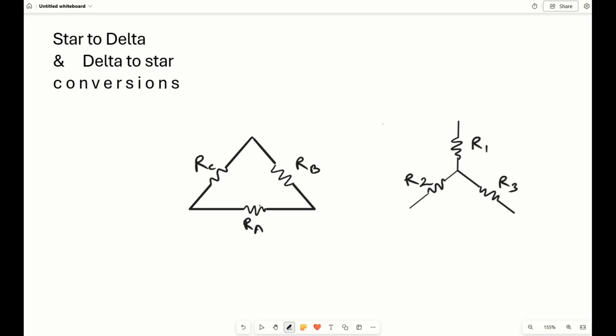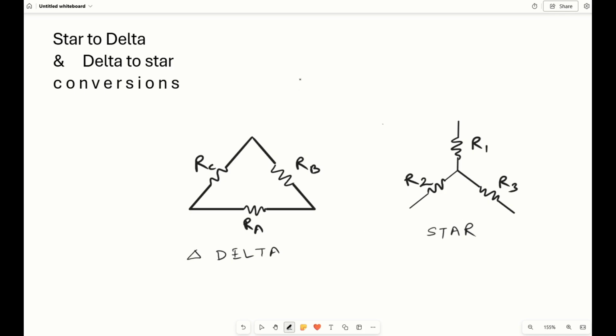This triangular connection consisting of resistances Ra, Rb and Rc is known as a delta connection, as the delta is given by the shape. The other one is known as a star connection, constituting resistances R1, R2 and R3. So how do we get the conversion?